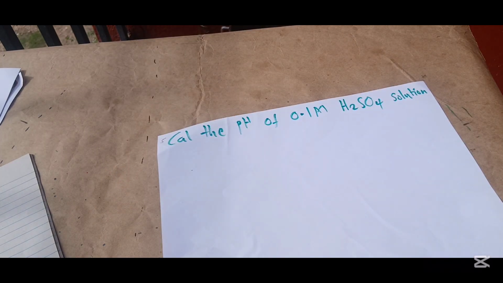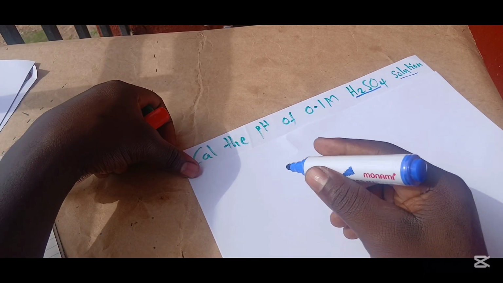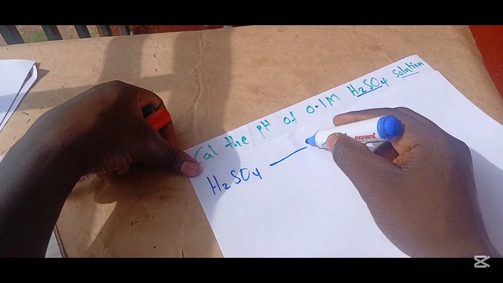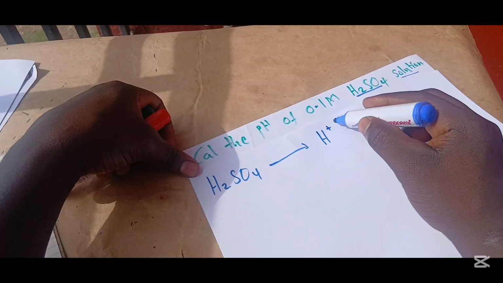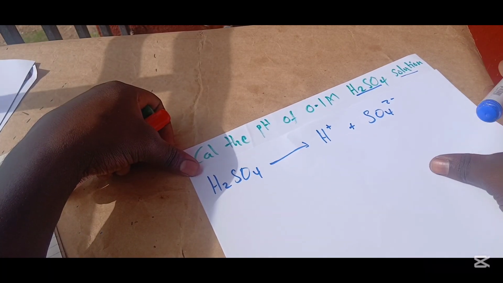Calculate the pH of 0.1 molar H2SO4 solution. With this problem, we have to write a balanced chemical equation. H2SO4 will break to give us H plus ion and SO4 2 minus ion.